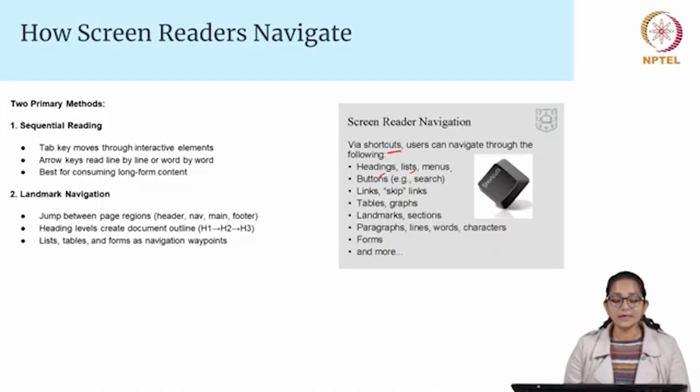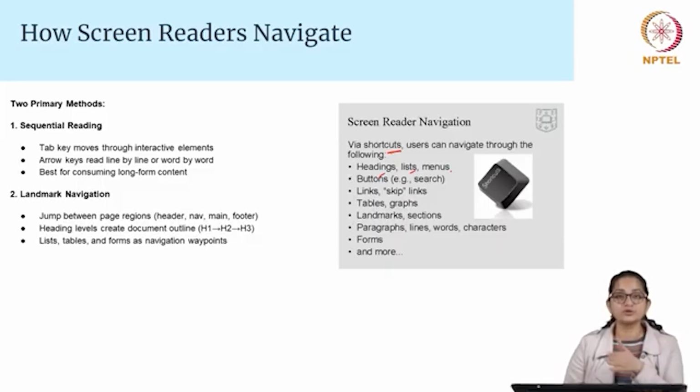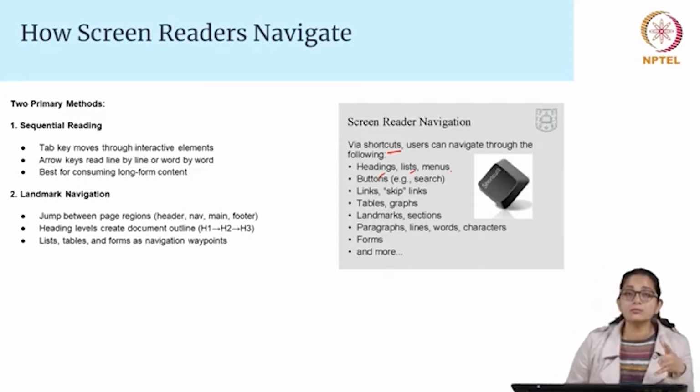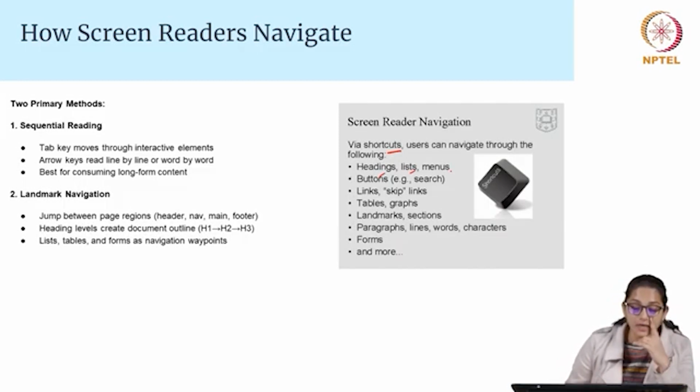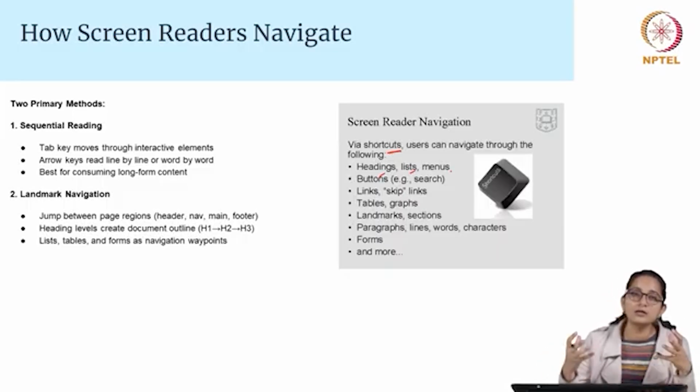Then there can be landmark navigation. So you jump between page regions, where your body text is divided into header, navigation, main, footer, and heading levels create a document outline, H1, H2, H3. So it is able to tell you, it's like an annotated body text. It's not where you want to consume the entire long form content, because it's just adding a lot of cognitive elements to it.